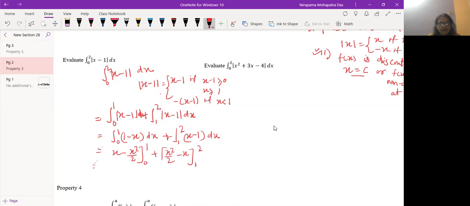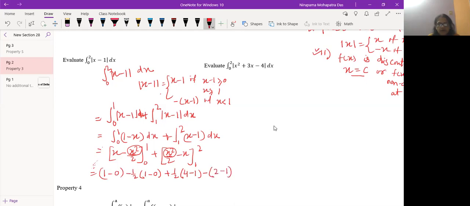Now we take upper limit 1 minus lower limit 0, minus 1 by 2 of x square at upper limit 1 minus at lower limit 0, plus 1 by 2 x square at upper limit 2, which is 4, minus at lower limit, minus x at upper limit 2 minus lower limit.